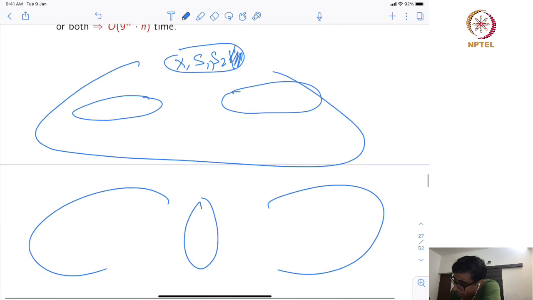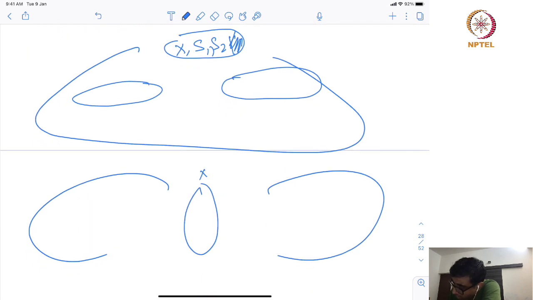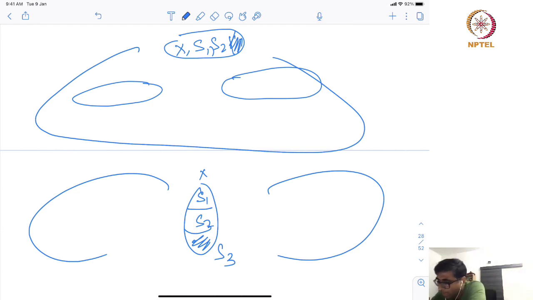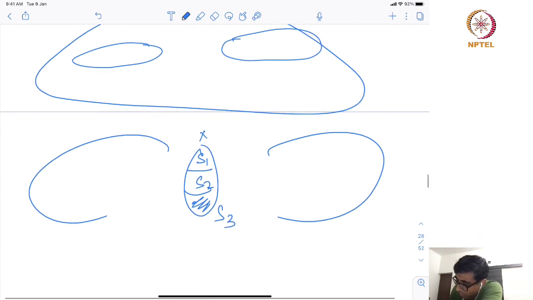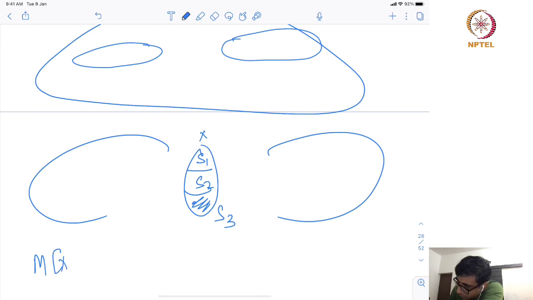This is my node X. This is my portion of S1, this is my portion of S2, and we do not care about this. So, basically S1 is in the dominating set, you are dominating from the left, and S3 is something which I do not care. I do not care whether it is dominated. Now, look at S2.